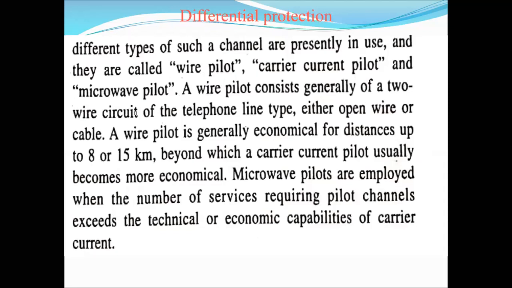The generating stations and the substations are very far away, so the length of the feeder lines is very large compared to distribution systems. That's why this type of protection, pilot wire differential protection, is not suitable for feeder lines. It will be suitable in the case of some distribution systems.